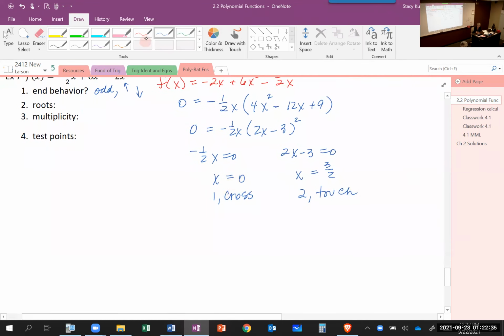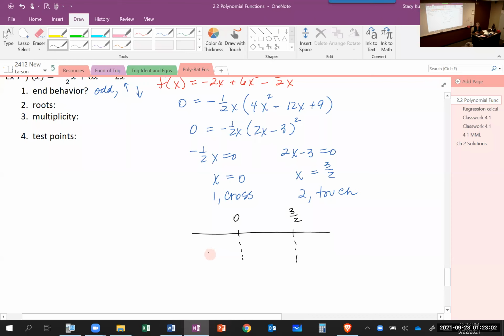So I have my test points, which is basically a zoomed in picture of my x-axis. So I've got 0 for a root and 3/2 for a root. So let's pick a number to the left of 0.